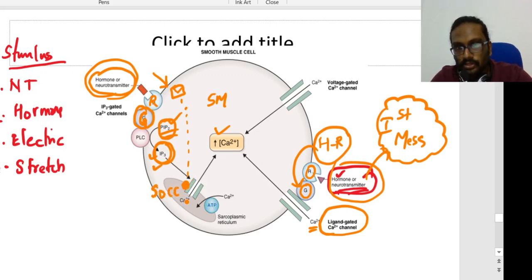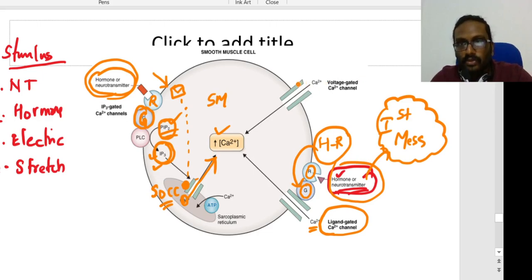These are calcium stores inside the sarcoplasmic reticulum, and so these channels will be called the store operated calcium channels. So these are open and calcium comes out of the stores. This is how calcium comes from the sarcoplasmic reticulum out into the cytosol of the cell.